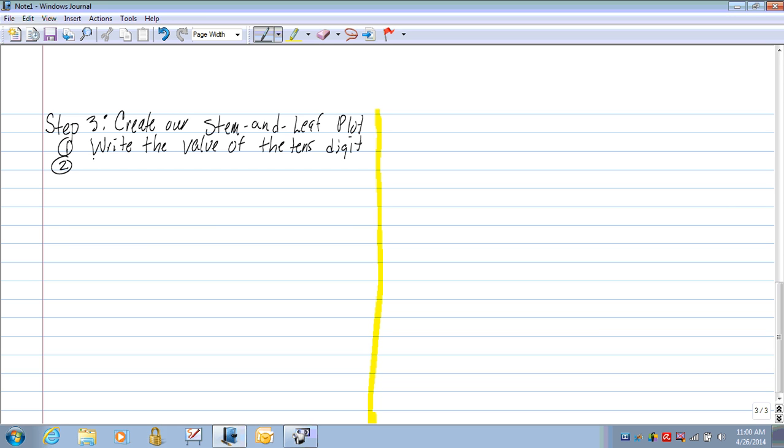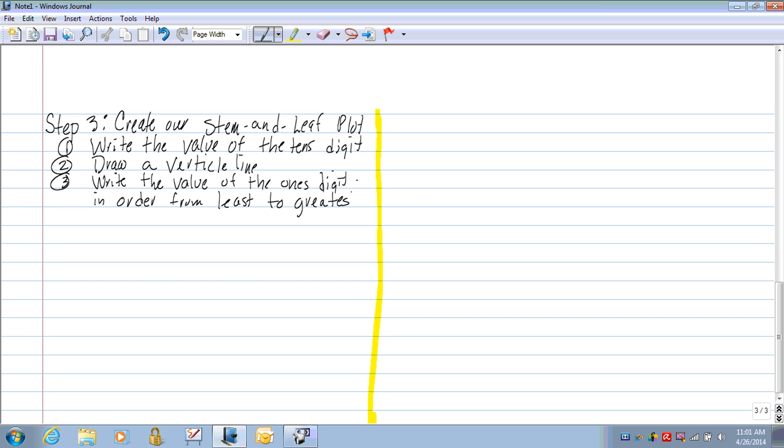We are going to then draw a vertical line. Then the third part of step 3 is to write the value of the ones digit in order from least to greatest. Push pause.